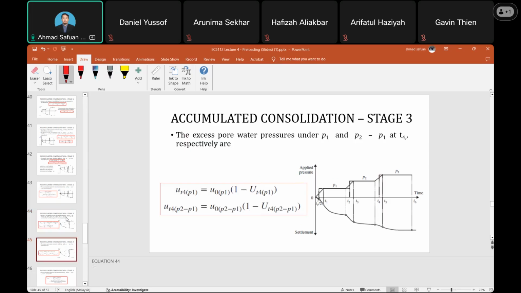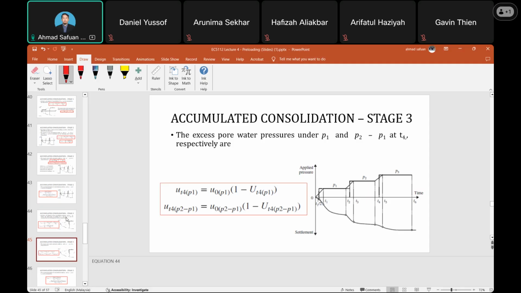So the excess pore water pressure under P1 and P2 minus P1 at T4 is given there. Ut4 P1 equals U naught P1 times 1 minus Ut4 P1. Ut4 P2 minus P1 equals U naught P2 minus P1 times 1 minus Ut4 P2 minus P1. So that is for the excess pore water pressure.